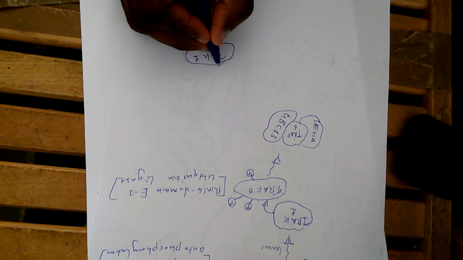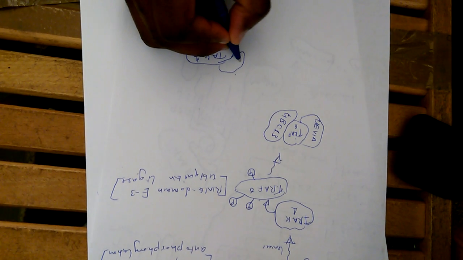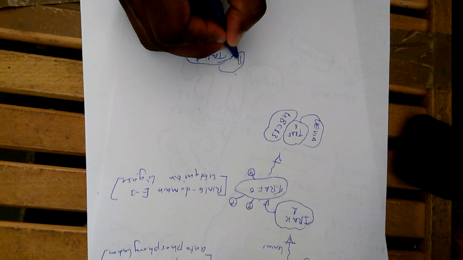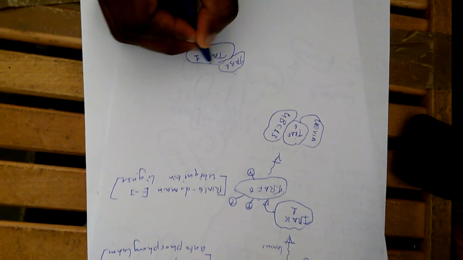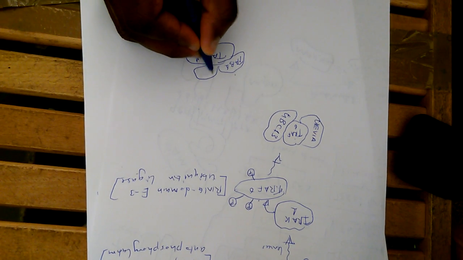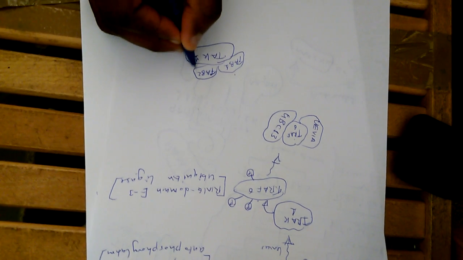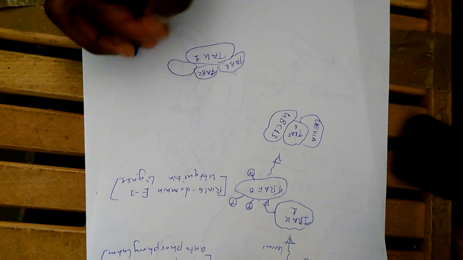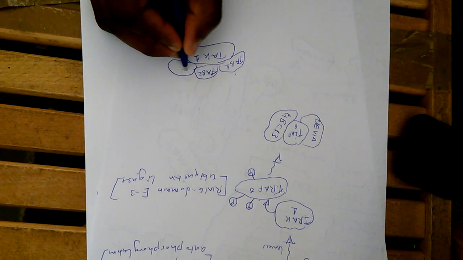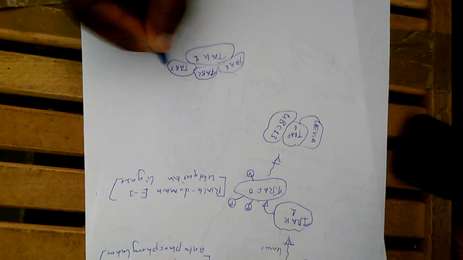And TAK1 is bound by certain anchor proteins called TAB1, TAB2, and TAB3. Brilliant, right?